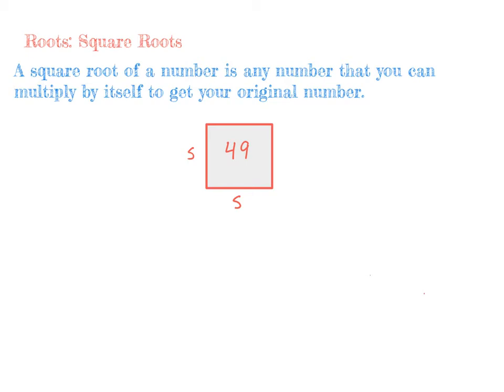In this case, we have s times s, which is equivalent to s to the second power. And we know that s to the second power is equal to 49. Now we are going to be looking for the value of s.